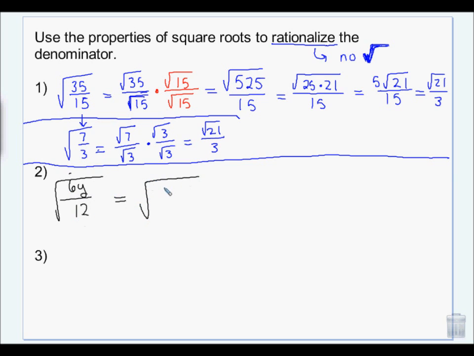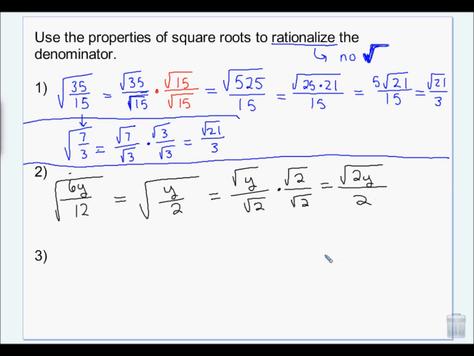Both 6y and 12 divide by 6, leave me y over 2. So that's the square root of y over the square root of 2. So I multiply by the square root of 2 over the square root of 2 so that the square roots cancel. And I can't take anything out of this 2y, so I'm done.